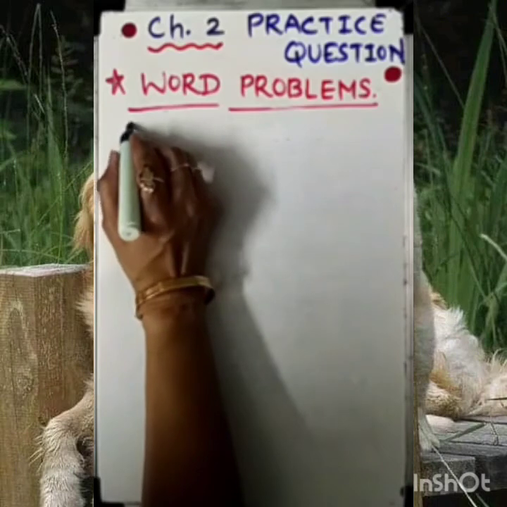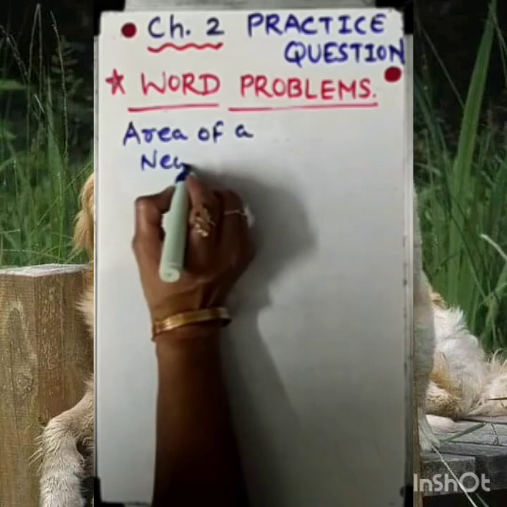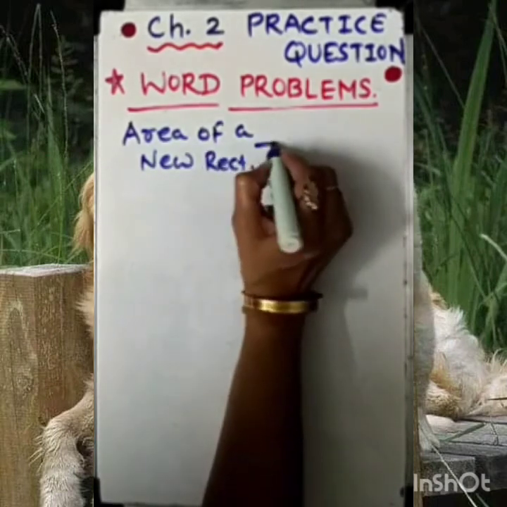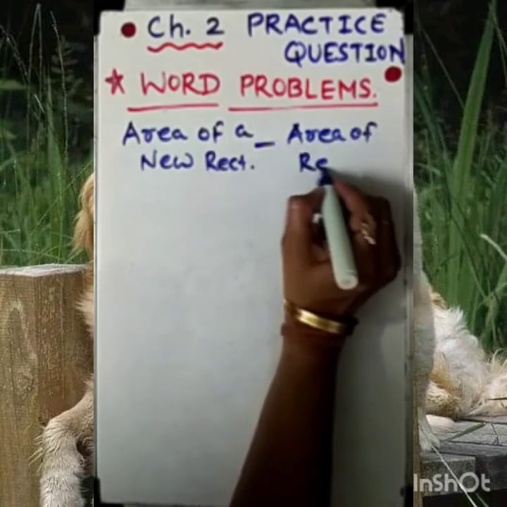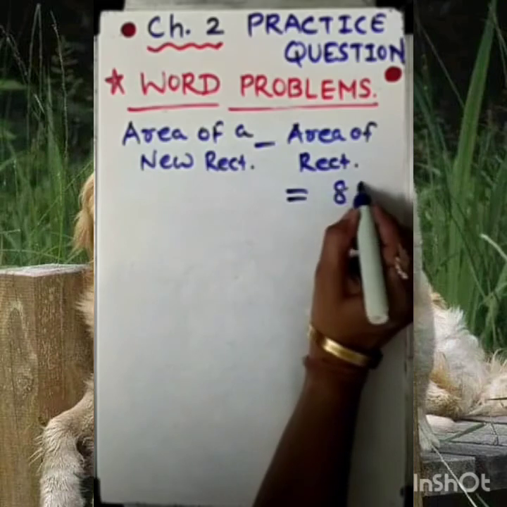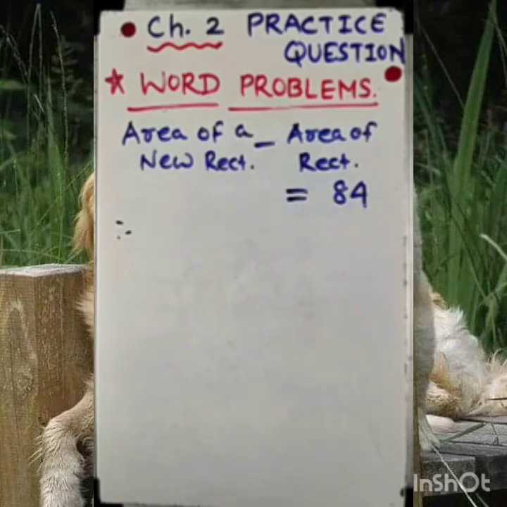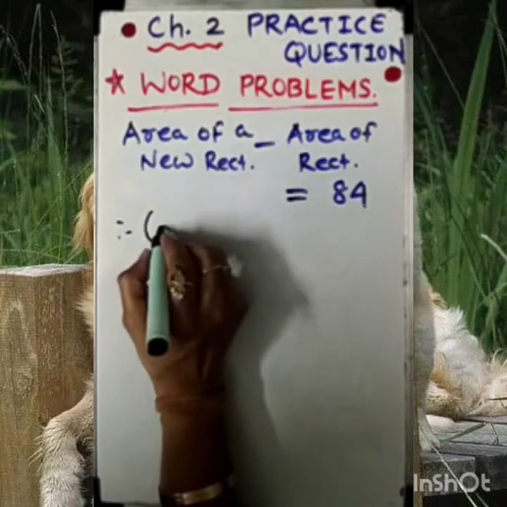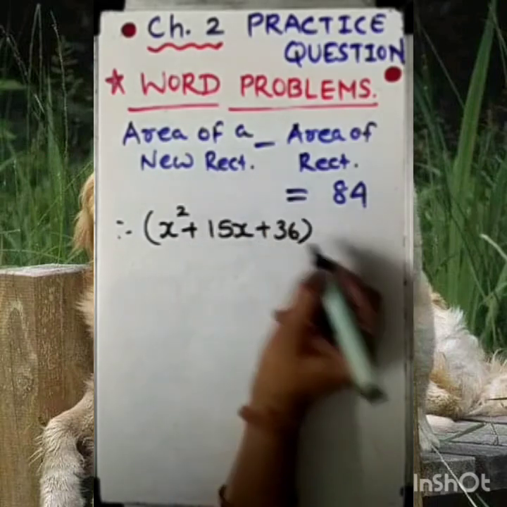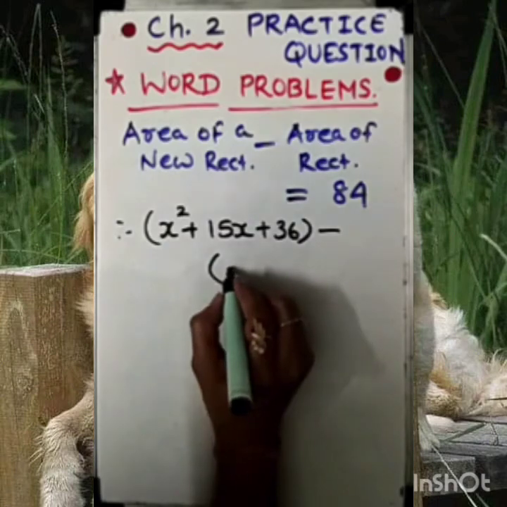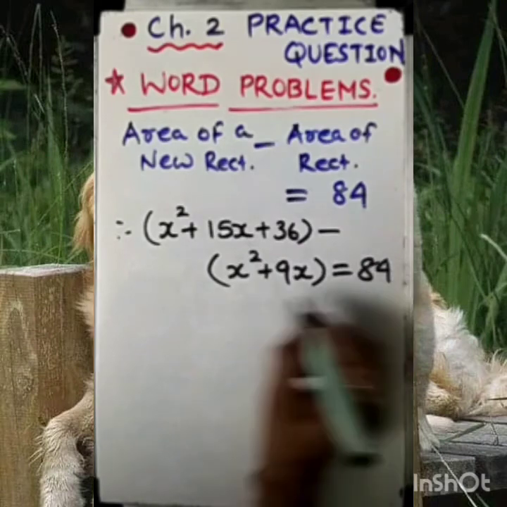So the area of the new rectangle, x square plus 15x plus 36, minus the area of the first rectangle, x square plus 9x, is 84. Let's simplify.